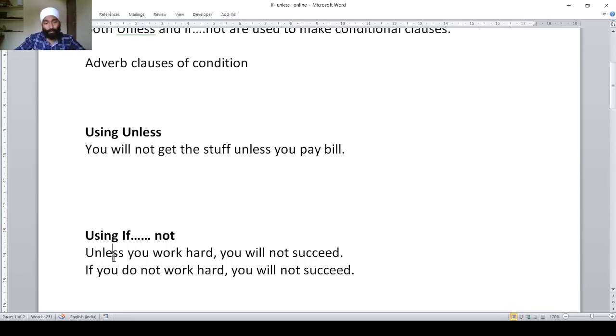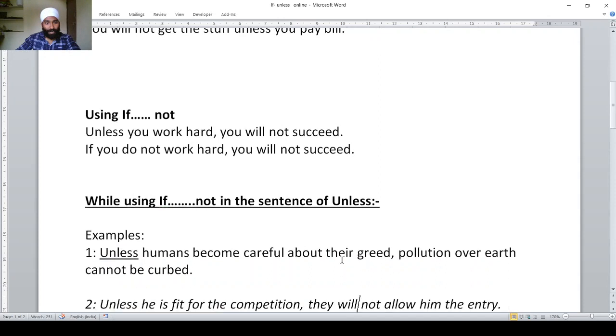Here we have removed unless and we have used if not. And the sentence is in simple present tense. You can identify it from the main verb. This is why we have used do. The subject is you here, so we have used do, not does. This is how we can use if not and unless.